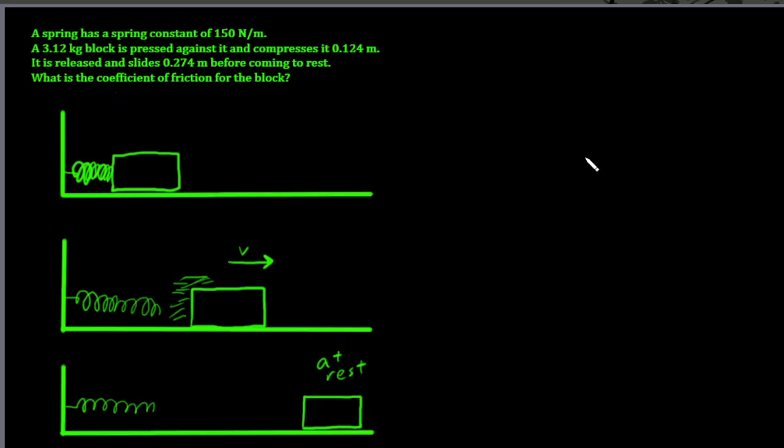There we go. All right. First thing we want to do is find the EPE at stage 1. And that's equal to 1/2 times k times x squared.